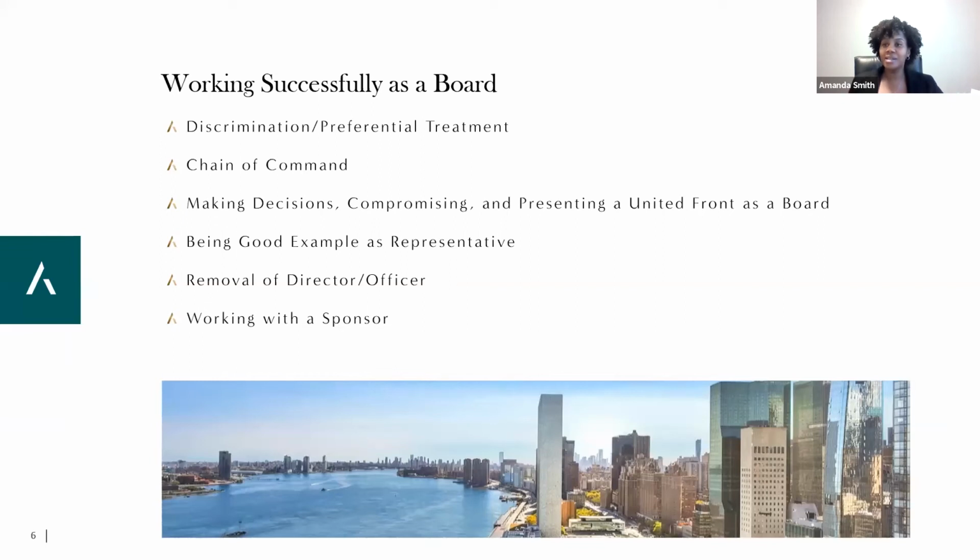And if someone else has an opinion, you can allow them to voice their opinion without belittling or being condescending, and try to understand the different perspectives. The outcome is always, and the focus should always be, what is in the best interest of our building, even if I don't like it. And that's my advice on how to really be successful as a board.